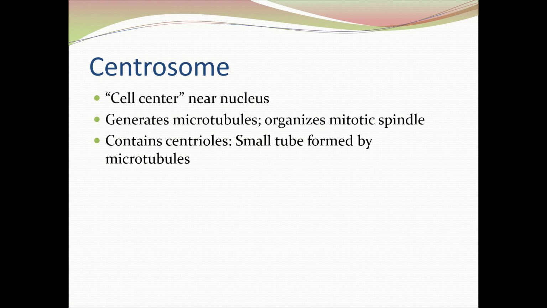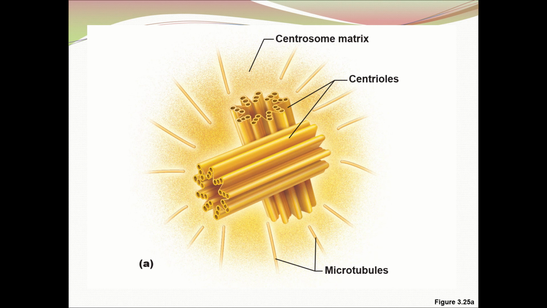And this helps to generate the microtubules and organizes the mitotic spindle fibers that are formed during cell division. This is the illustration of the centrosome and the microtubules that are forming.